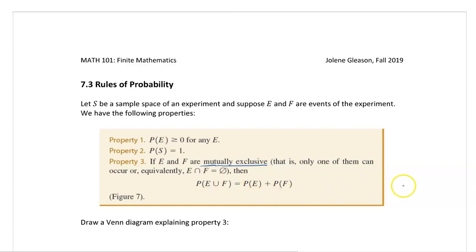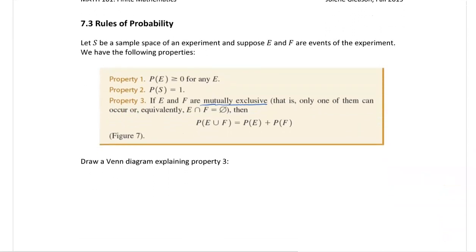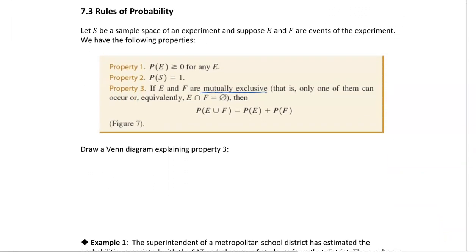So remember, mutually exclusive means that the events cannot happen at the same time. If you represent those events as subsets of the sample space, they have no outcomes in common. Let's draw a Venn diagram of that.